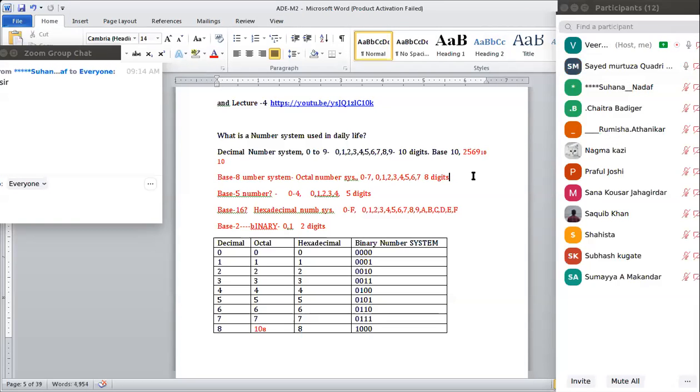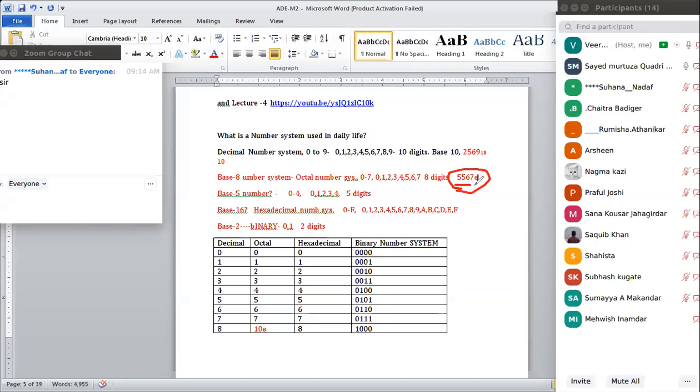Say, for an example, I'm going to write 5567 with base 8. So the base for this number is 8, so this 5567 will be considered as an octal number.